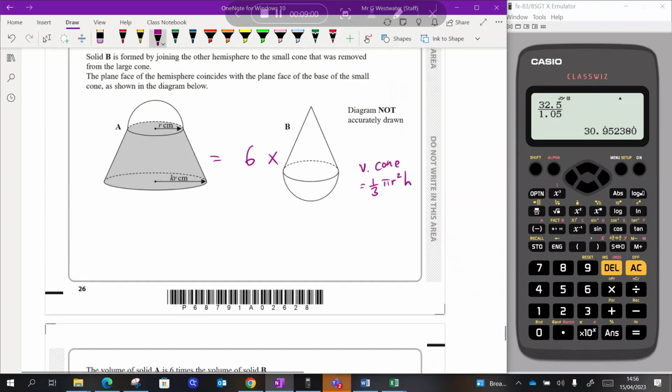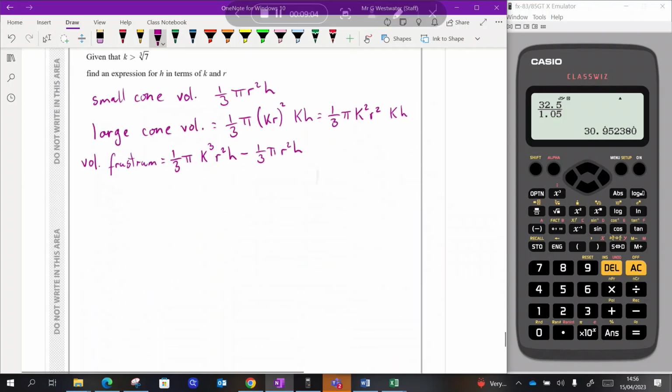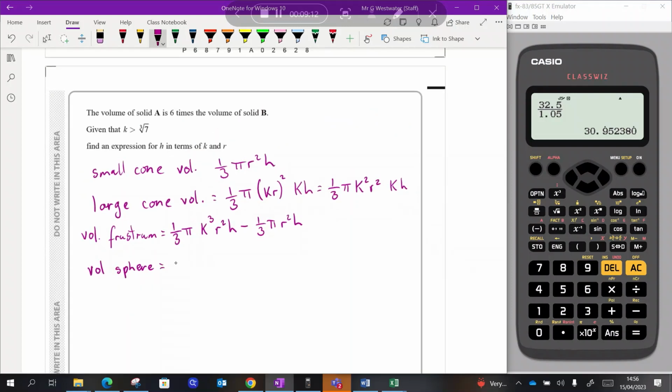And the only thing we're now really missing is the volume of a sphere, and therefore a hemisphere. So the volume of a sphere, again, this is at the front, but you can take my word for it that it is 4/3 pi r cubed.